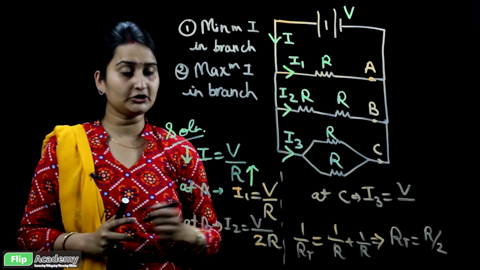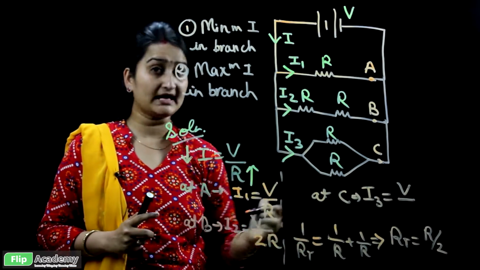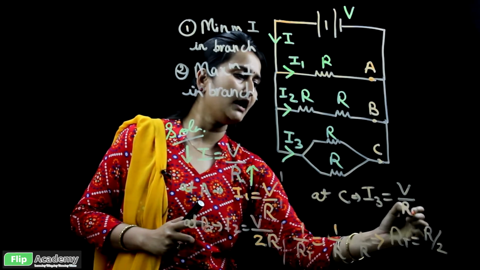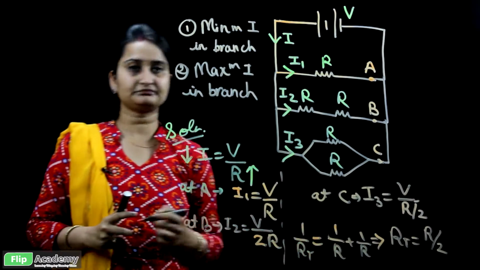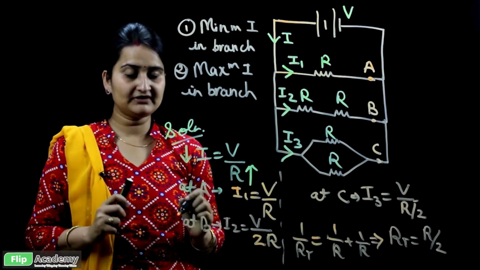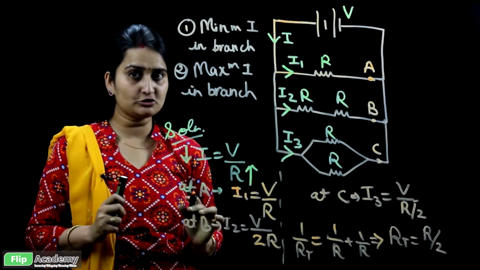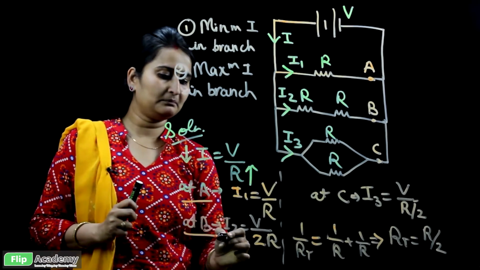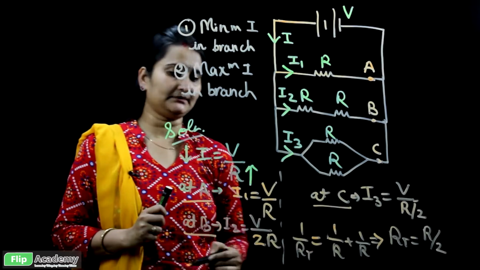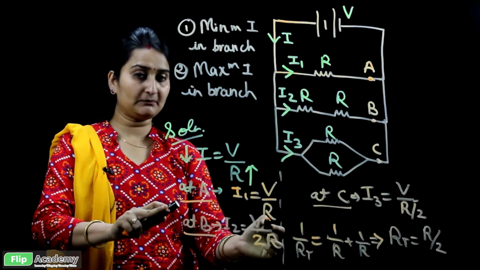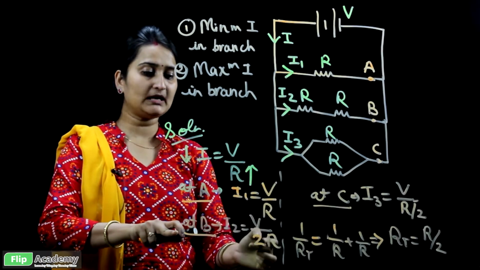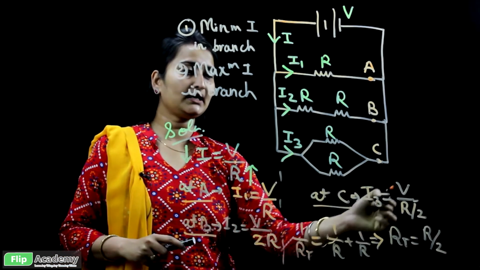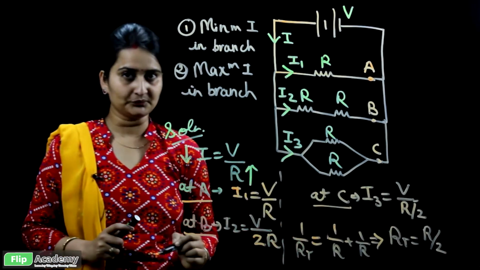So the total resistance which you write here is R upon 2. Now, we have calculated the current through each branch, A, B and C. At A, the current is V upon R, at B, the current is V upon 2R and at C, the current is V upon R by 2.